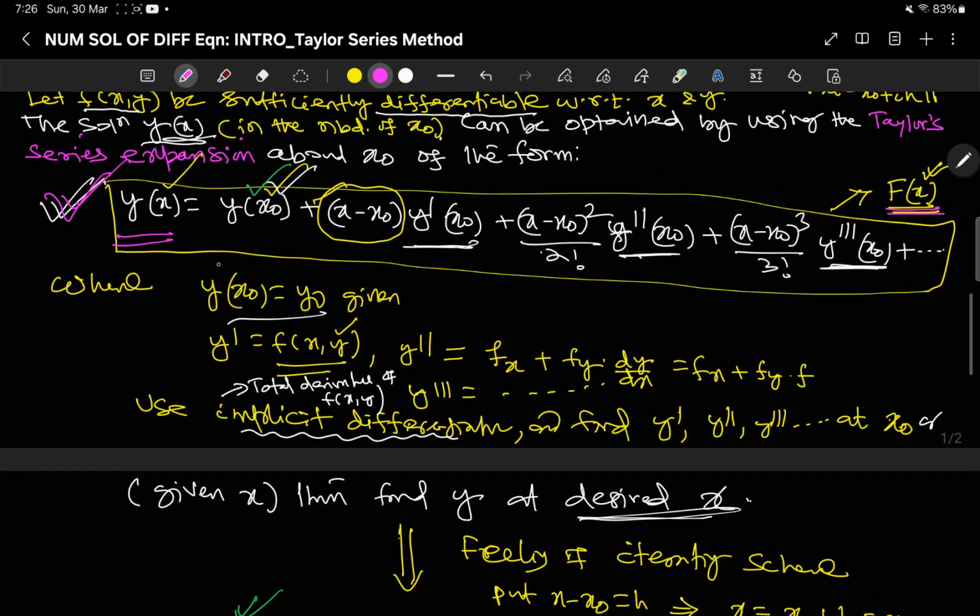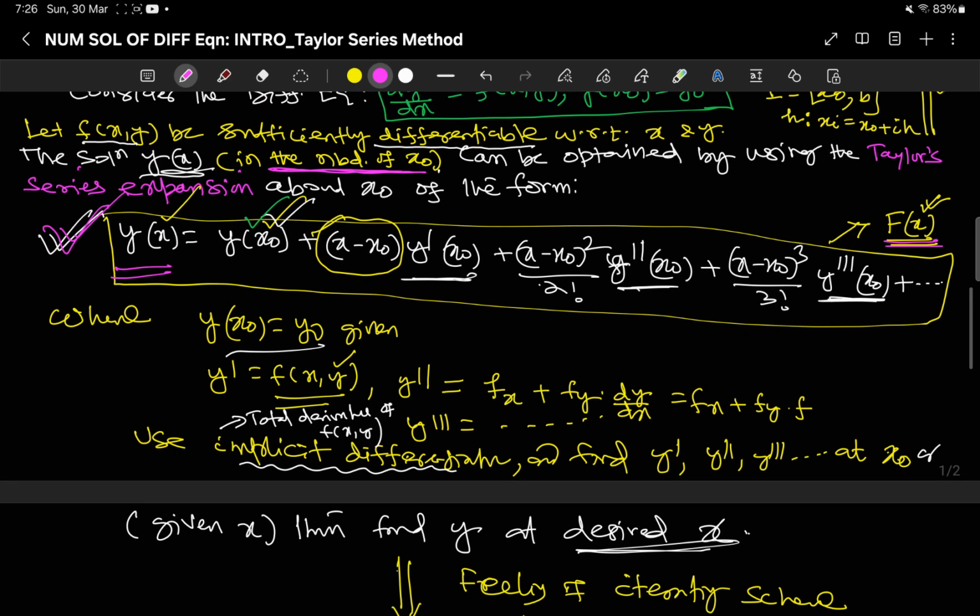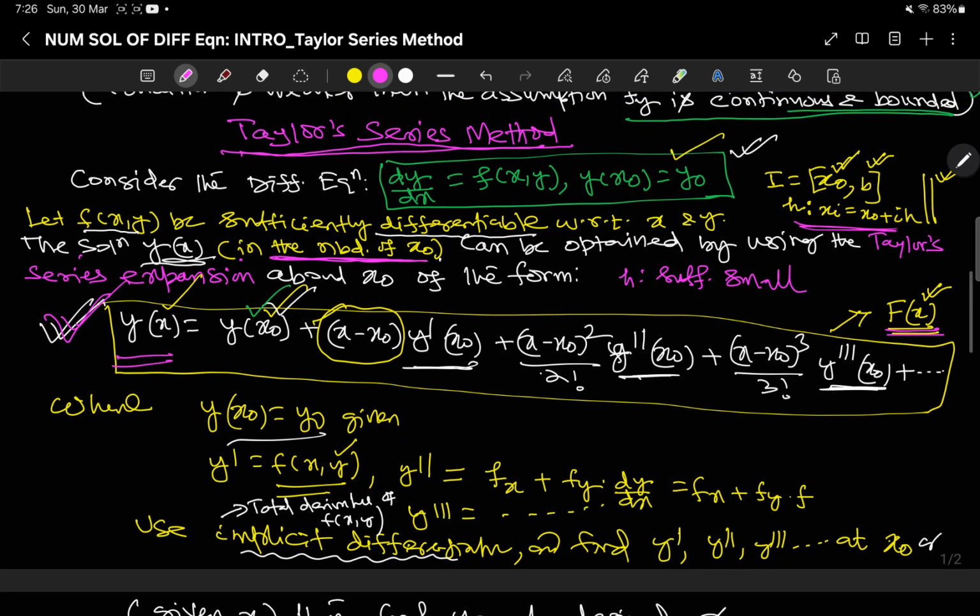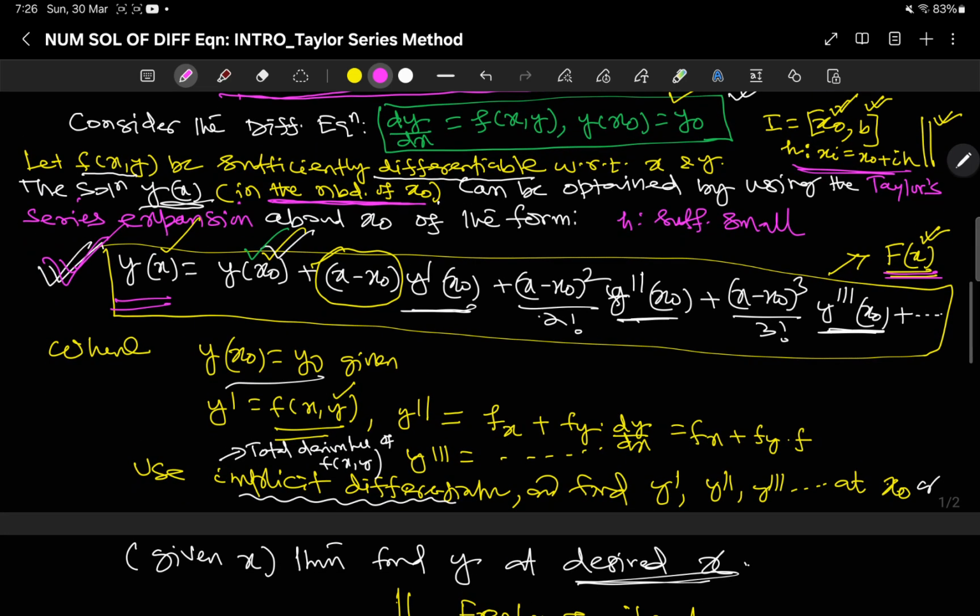This y(x) we find should be in the neighborhood of x0, it should not be far away from x0, and your h should be sufficiently small. As you see, if h is small, then your error is less. This should be the idea.